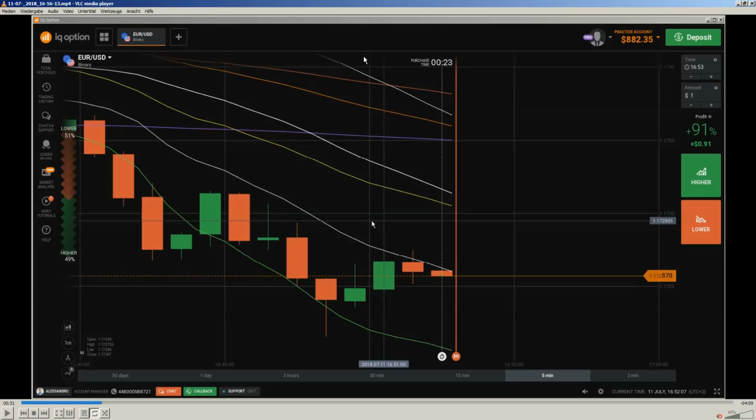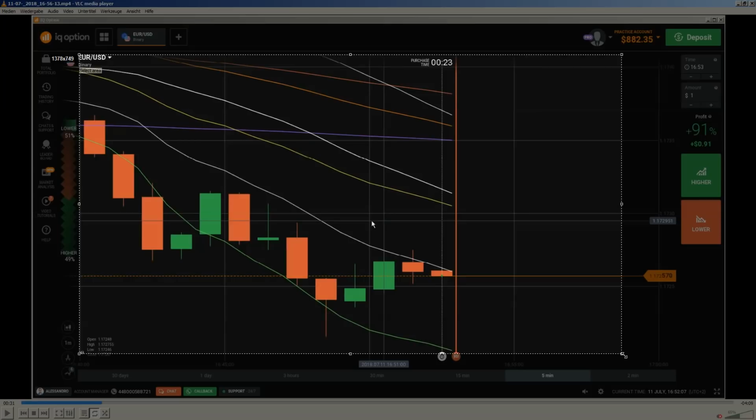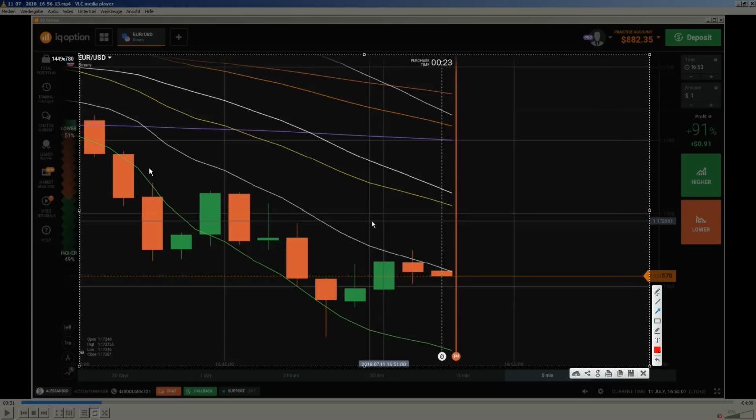First of all, I have to show you the market condition and explain it. So let's see, we have a downtrend here. We have a flat 100 EMA, and you see that the distance between the EMAs is getting wider. That is a good sign that the trend will be stronger.